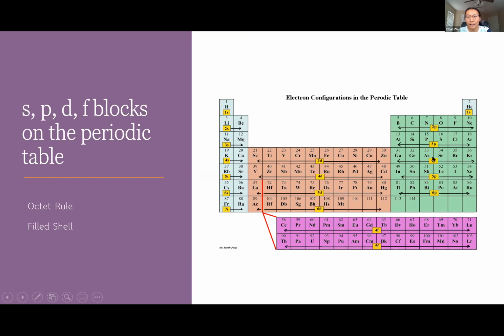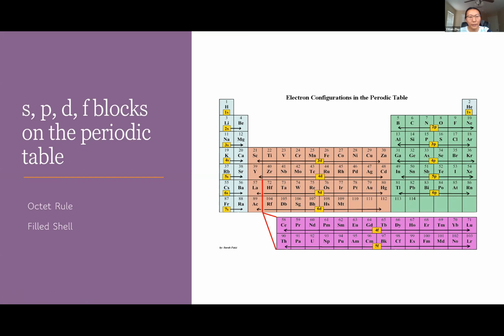The P block is on the right side of the table, and it's in green, and it says that the last electron added into that atom was in a P orbital. And the same concept goes with the D block and the F block, which are in reddish pink and purplish pink.